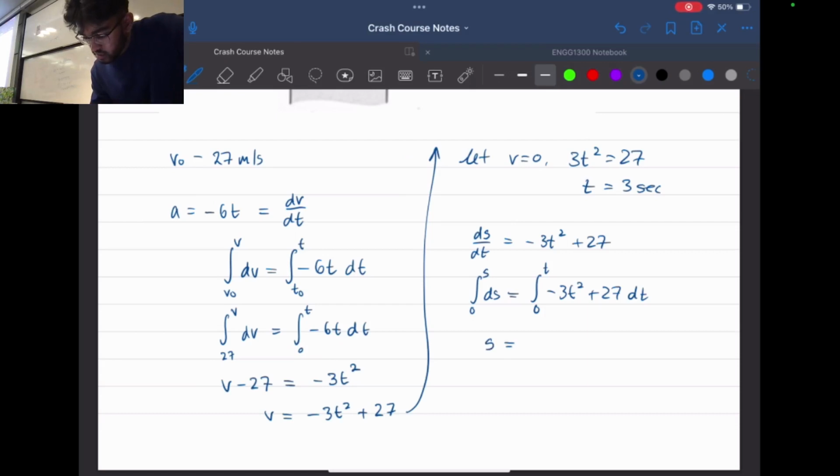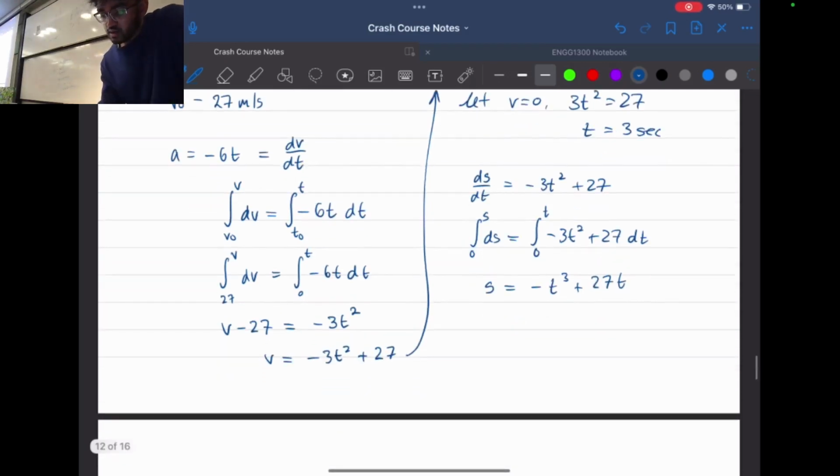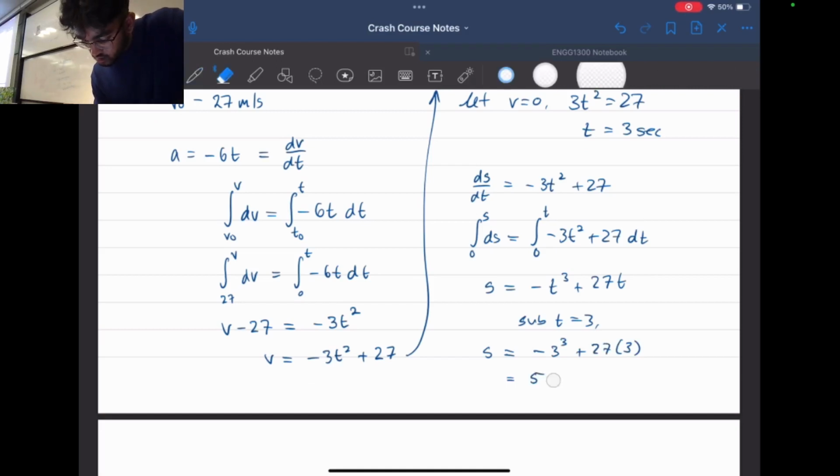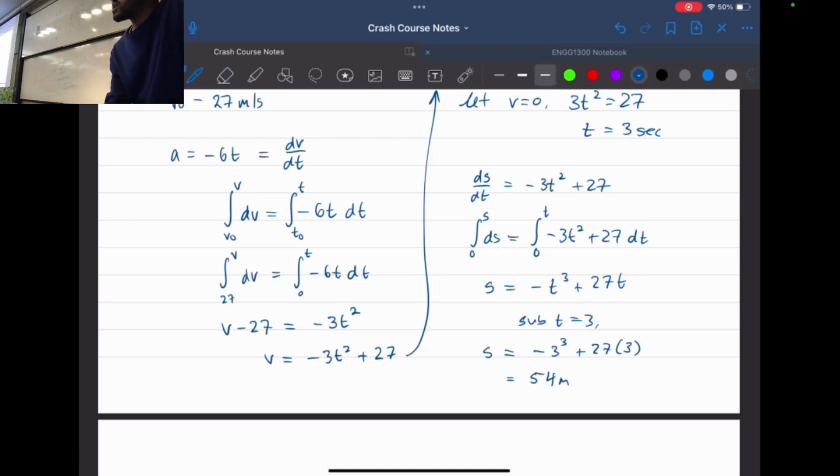So you get s is equal to minus t cubed plus 27t. All we need to do is sub in t is equal to 3, and we get s is equal to minus 3 cubed plus 27 times 3, which gives us 54 meters. So it travels 54 meters before the particle eventually stops.